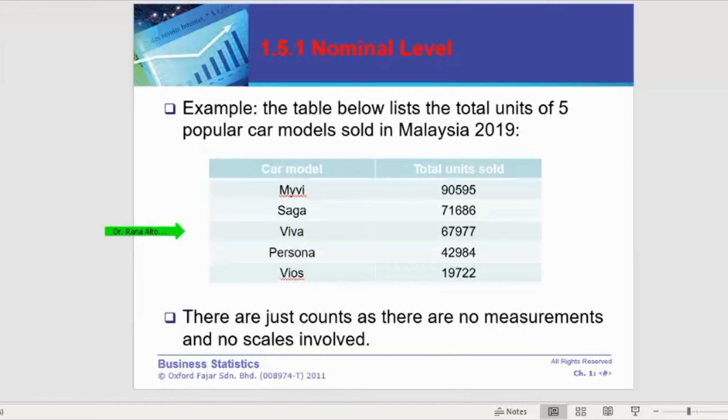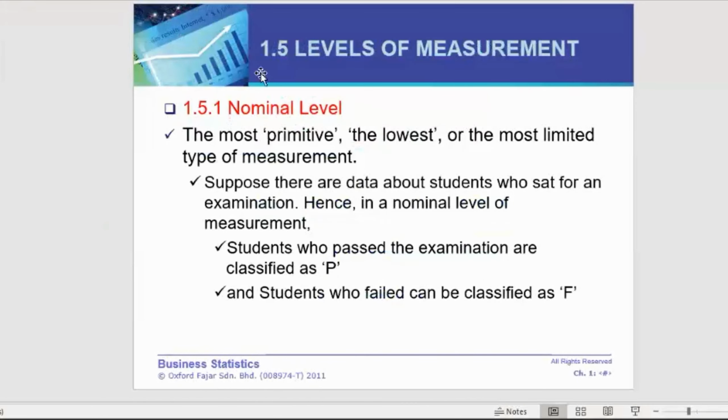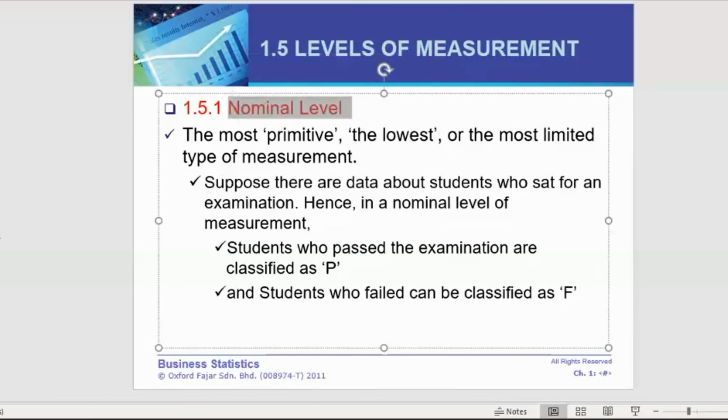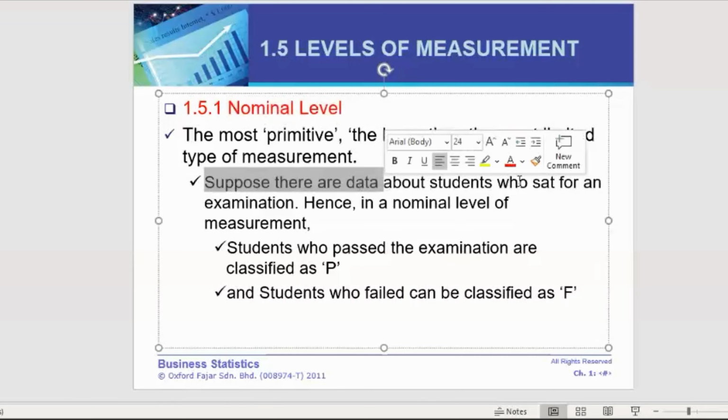Okay. So about levels of measurement, the first or the lowest level, or the minimum amount of information, is the nominal level. We call it the lowest or the most limited type of measurement. As an example, suppose there is data about students who sit for an exam.